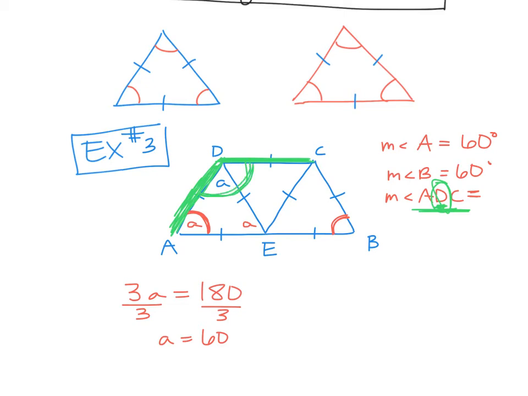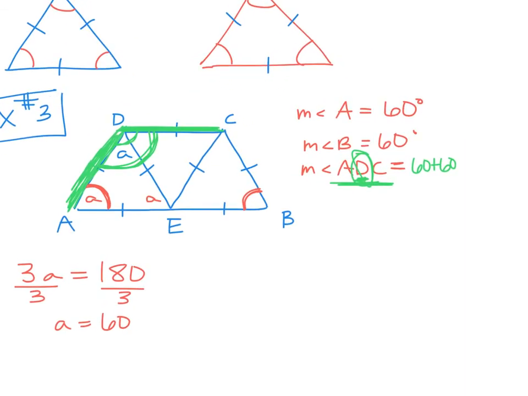Okay? What would that angle be? 120. You have 2 of these little A angles, right? So you would do 60 plus 60, or the measure of angle ADC is 120.